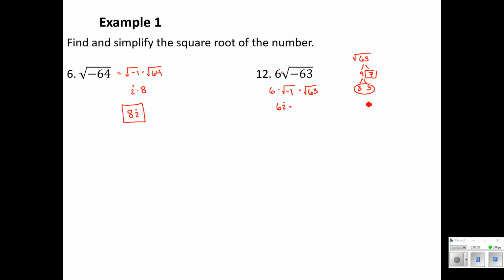And what this is saying, and I think a lot of teachers just say, oh, if there's a pair, then move that out front, and if there's not a pair, then leave it underneath. Well, why? Why does that make sense? So just a quick explanation here. Underneath, we've got 3 times 3 times 7. So what we've really done through our factor tree is set up 3 times 3, that's 3 squared, times 7.